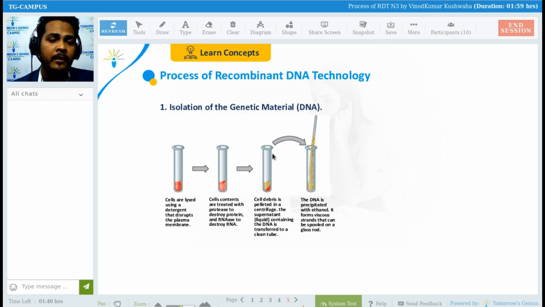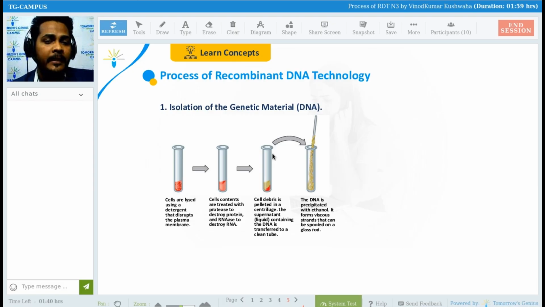Apart from the DNA, certain other macromolecules, like proteins or RNAs, will also come. These other macromolecules are not required, and are not part of our experiment. Our goal is to isolate the desired DNA. So how will you isolate it?